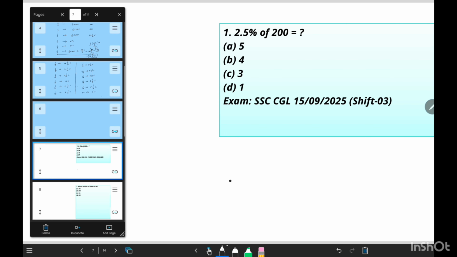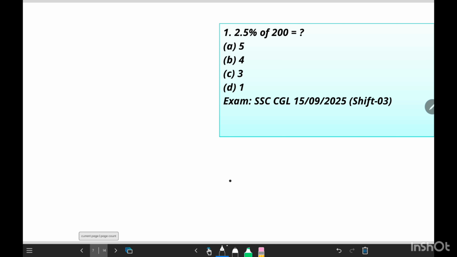This question is very basic. Do not think that because I'm going to solve a very simple question, this kind of question is not asked in the examination. I will start with the basics, and I told you I will also solve very tough questions. So 22.5% of 200, how are we going to solve it?